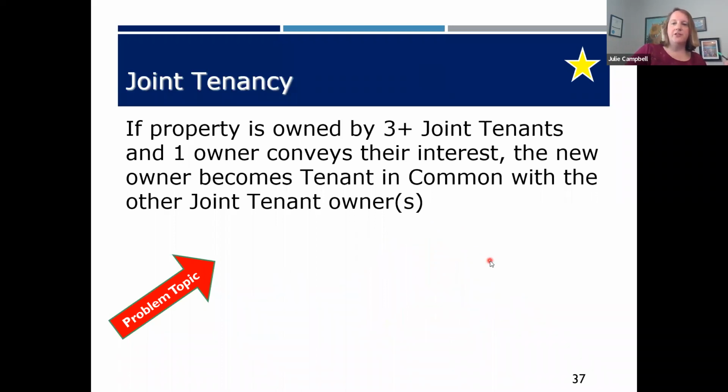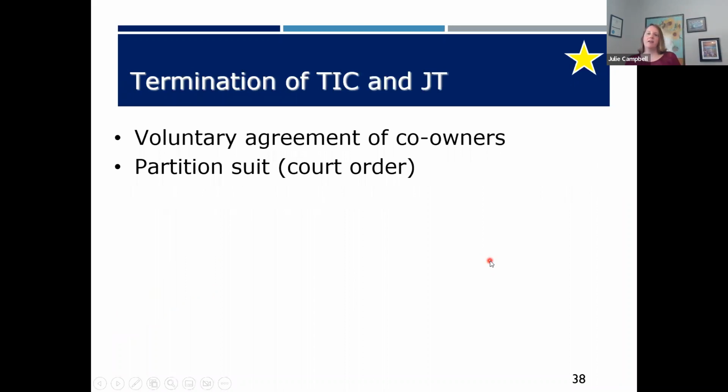The last thing, just to finish up this section real quick, and then we'll take a break. How do we terminate tenants in common or joint tenancy? Well, the parties can agree to sell their shares. They can agree to sell the property, sell their interest. How much do they get? It depends on what their ownership is, 33 1/3 of the sales price, for example. Or the court can take the property. The court can almost always take the property.